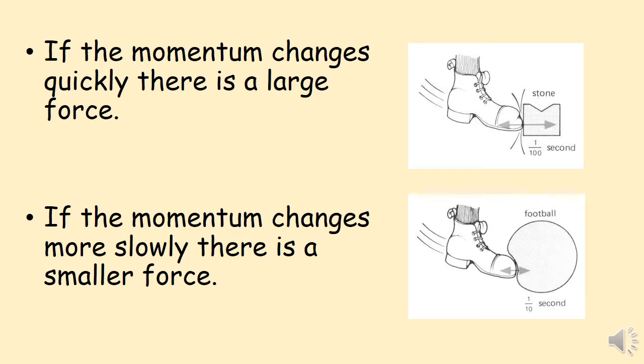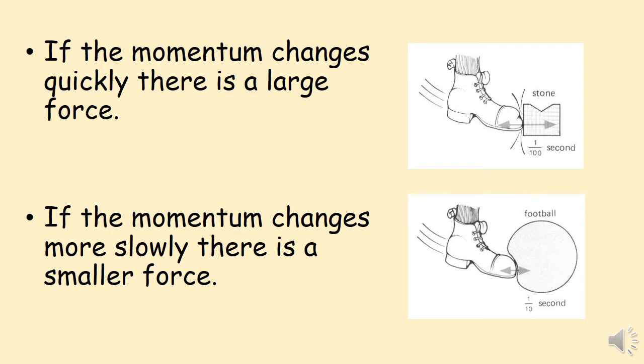And so when you're kicking the stone, you might have a contact time of about 1/100th of a second. Whereas in the football, you've got a longer contact time of maybe 1/10th of a second. And because of that, that's going to give us a difference in the force that you feel when you kick those two objects. Now let's assume that those two have got the same mass.